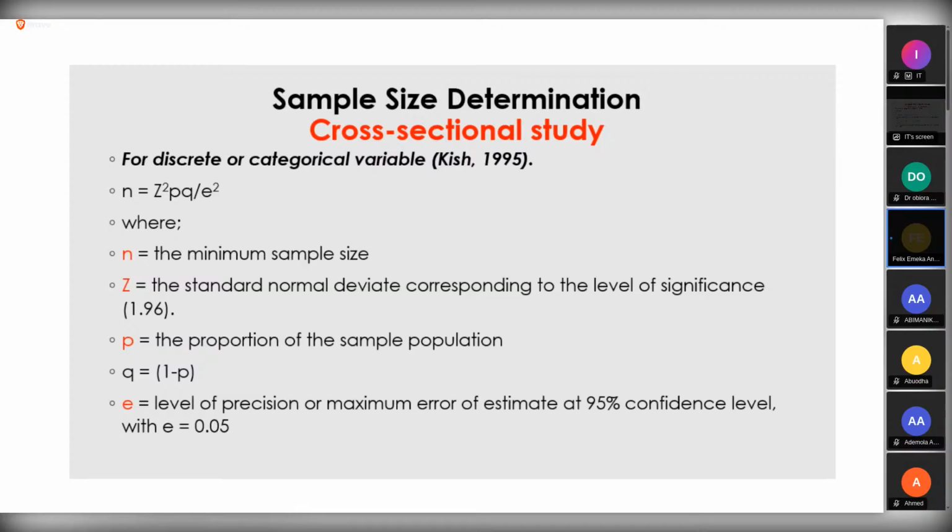Q is 1 minus P. So if you have your P, you can calculate Q. E is the default tolerable error, 0.05. That's the allowable tolerable error. Let's look at the next slide for how to calculate these things.